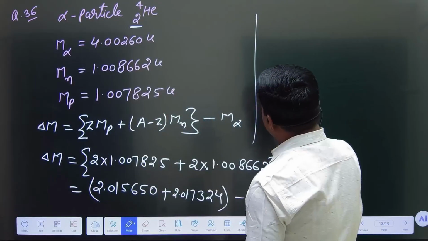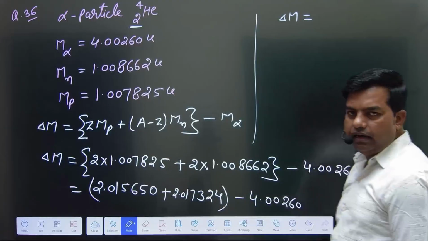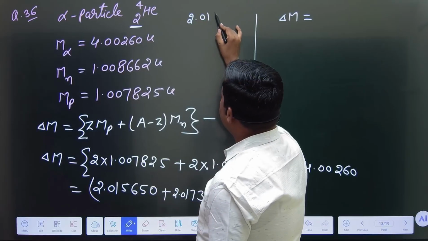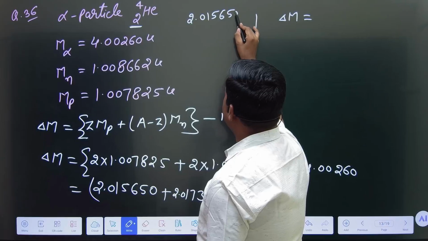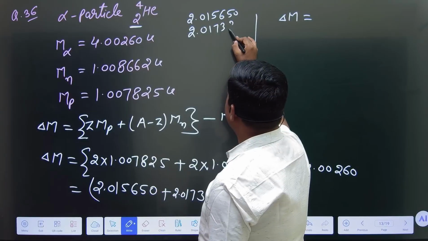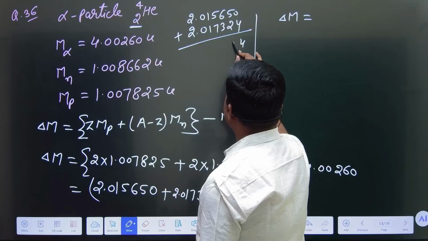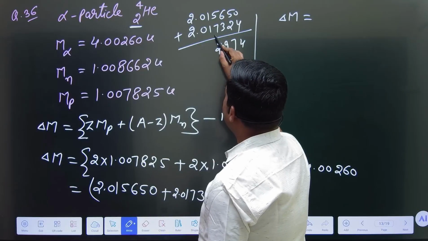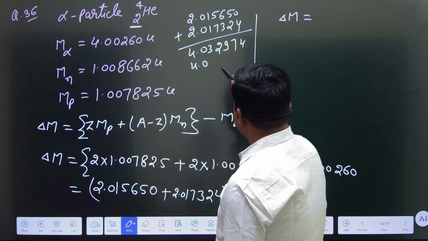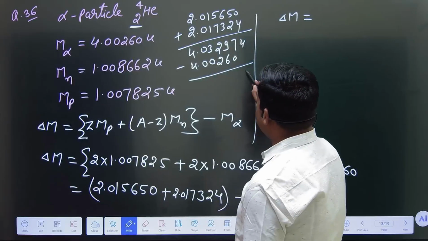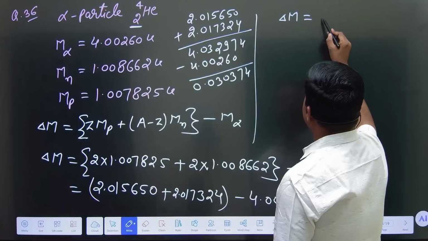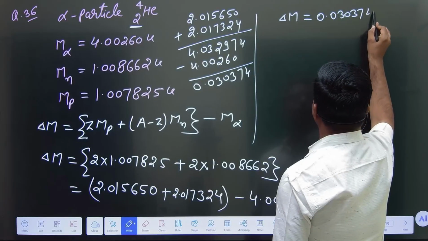Now we calculate this, and after that we get the mass defect delta M. So the mass defect is 0.030374. This is the mass defect.